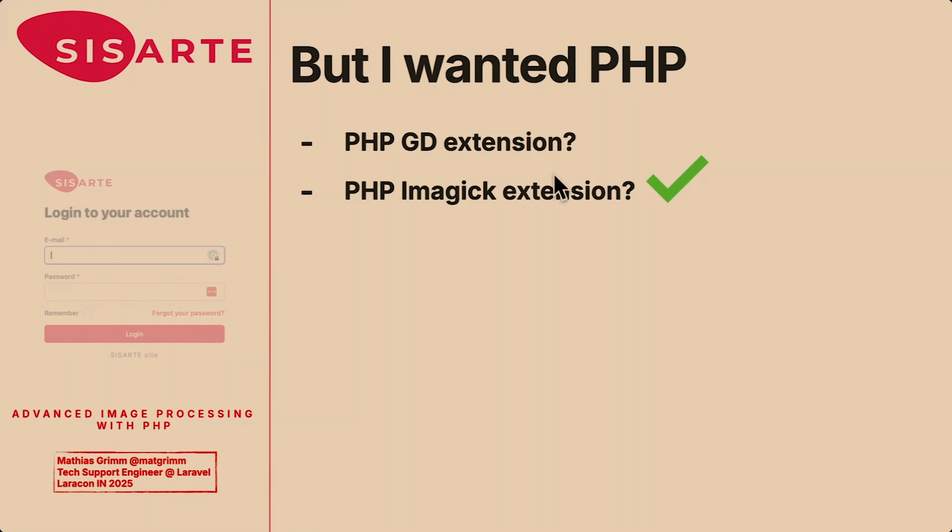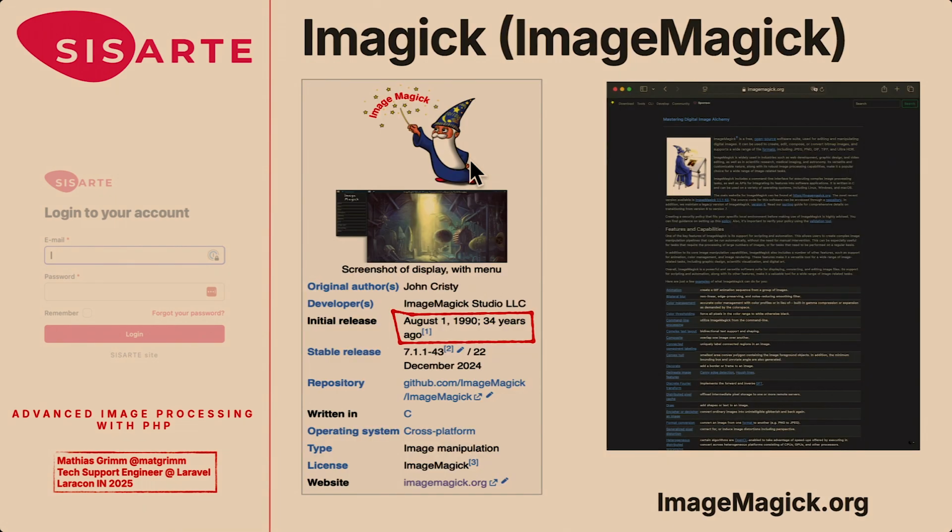You cannot do a lot of advanced stuff like with ImageMagick. So that left us with only one option, and that's the option we picked. The reason I wanted PHP is because of the ecosystem that we already rely on, and that's so good. I mean, all the things that we like.